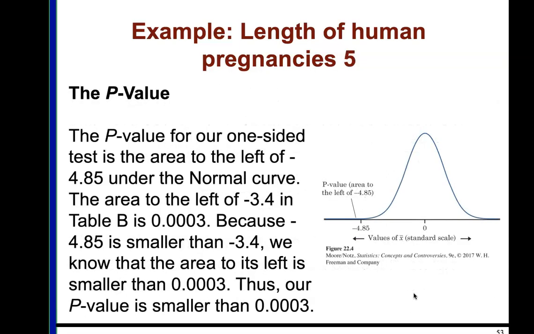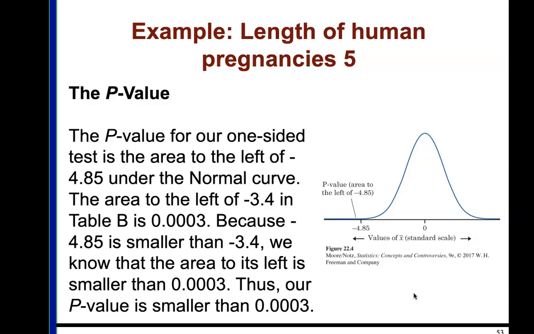So that p-value is incredibly small. Look here at our normal curve. A standard score of negative 4.85 is way in the tail with a probability less than 0.0003. So that is definitely evidence against using 280 as the average number of days.